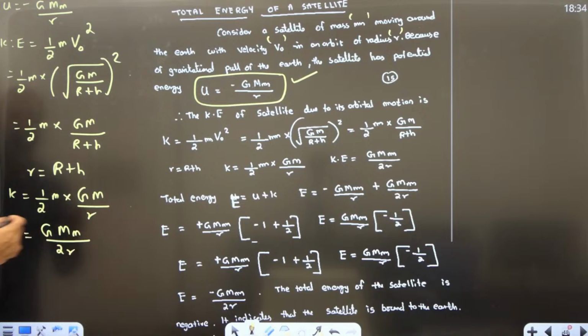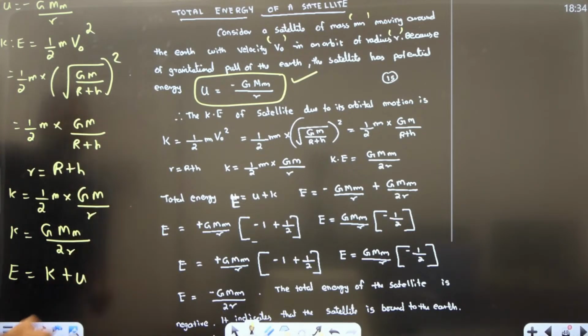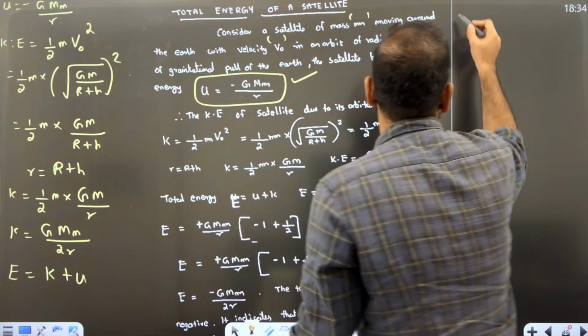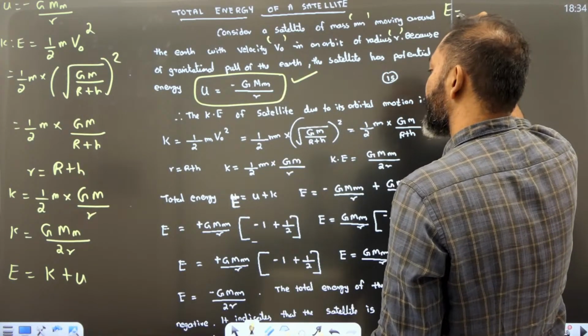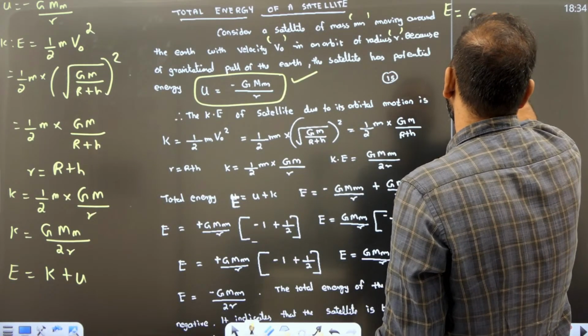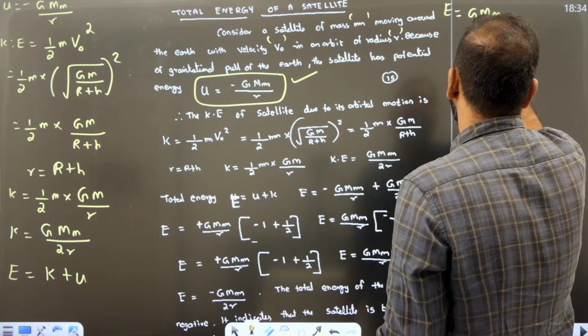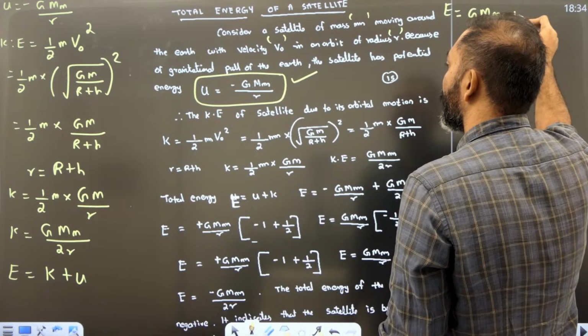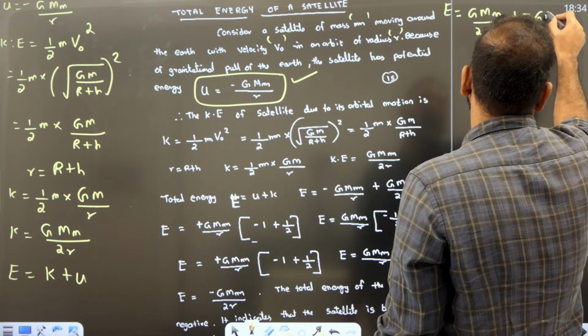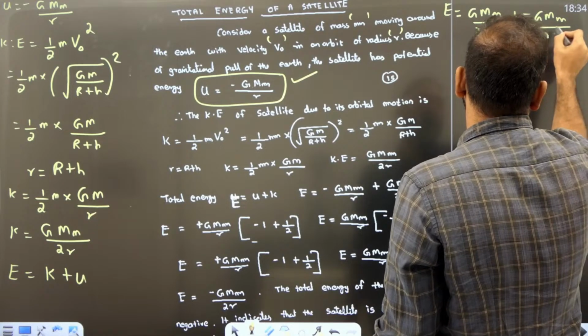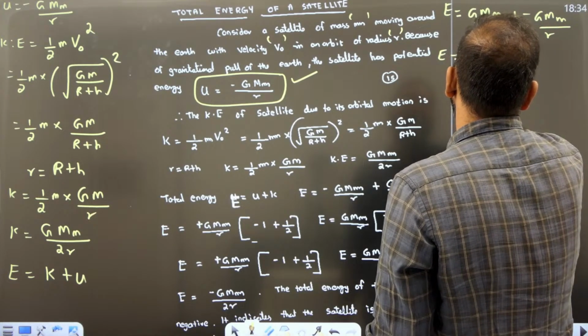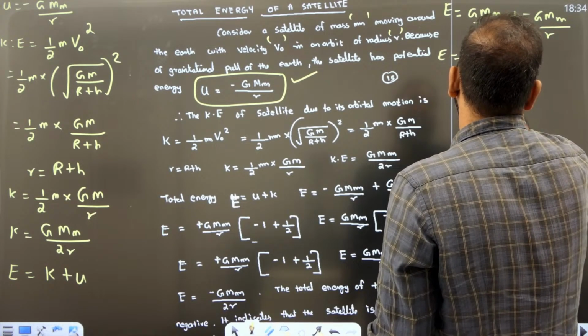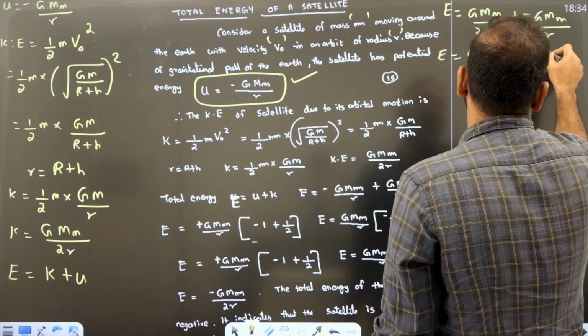So what will be the total energy? Kinetic energy plus potential energy. Total energy will be GMm by 2r plus potential energy, which is minus GMm by r. So it becomes GMm by 2r minus GMm by r.